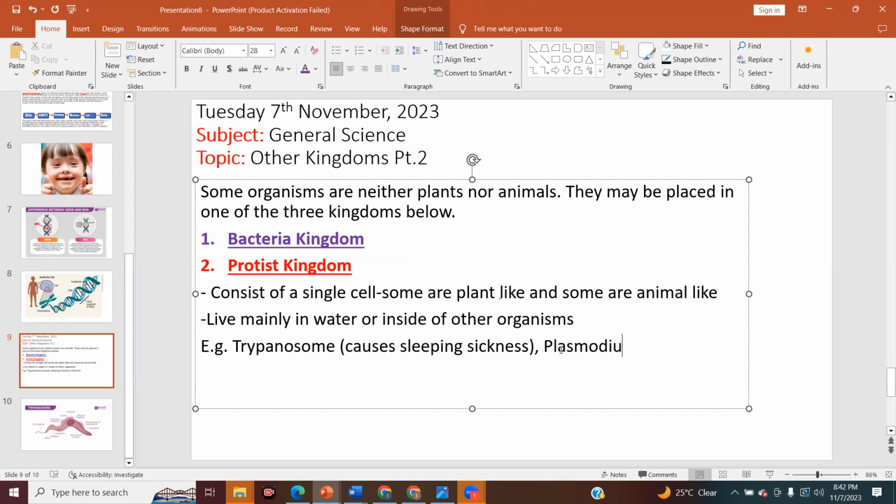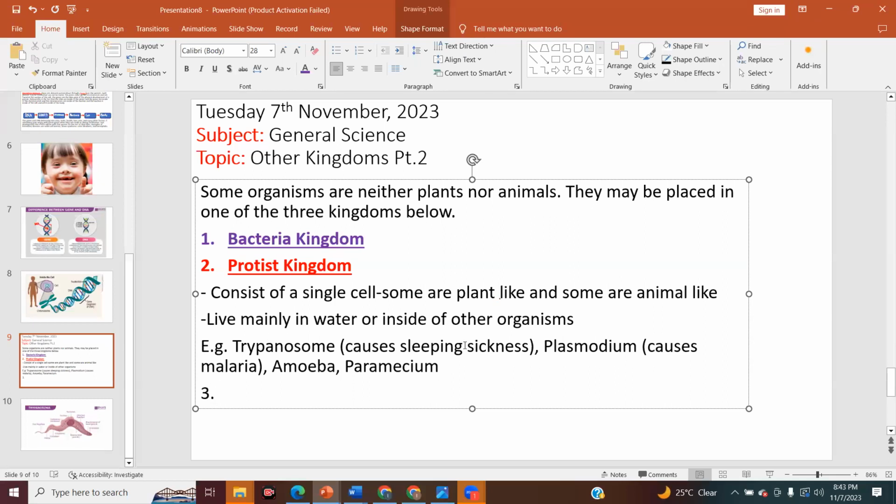Plasmodium is responsible for malaria. And then the amoeba and paramecium. All these are examples of organisms in the protist kingdom, single cell organisms.